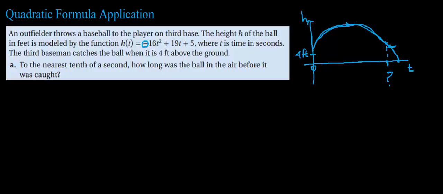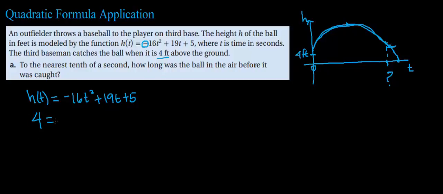And this is very simple to do since I have the function. The function states that the height of the ball will be given by negative 16t squared plus 19t plus 5. So I know that the height at which the ball was caught is 4 feet above the ground. So they're telling me the height of the ball. It's 4.